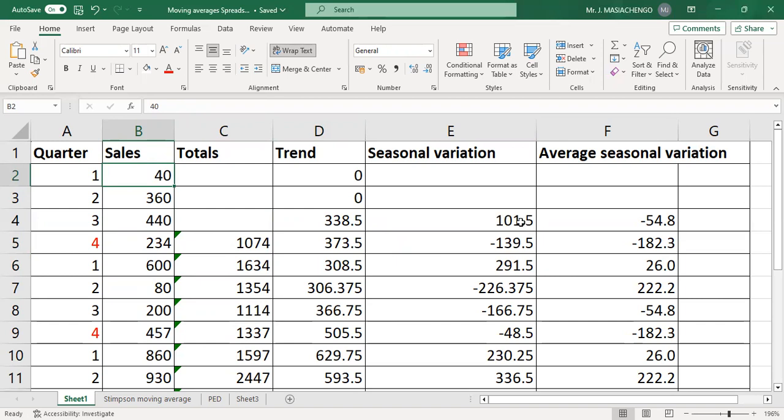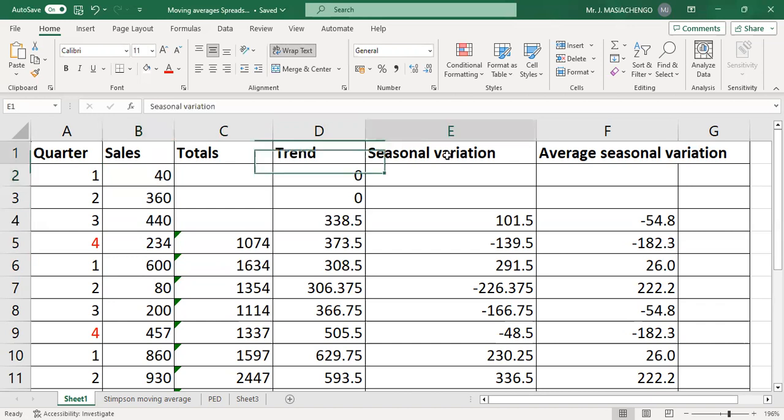Then, what is our seasonal variation? We agreed that seasonal variation, in simple terms, is the regular and repeated variation that occurs in sales data within a period of 12 months.